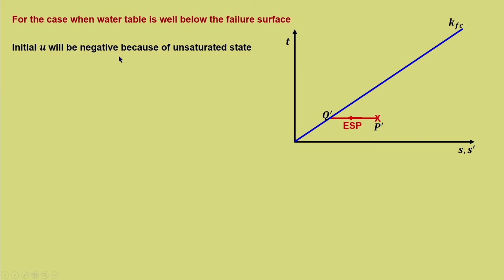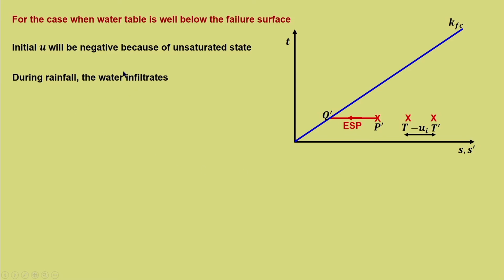So, the initial U will be negative because it is an unsaturated state. So, let us say T is the initial total stress point, and there is a negative pore water pressure, so it will shift towards the right. If it is positive, it shifts towards the left. So, the initial effective stress point will be T dash.